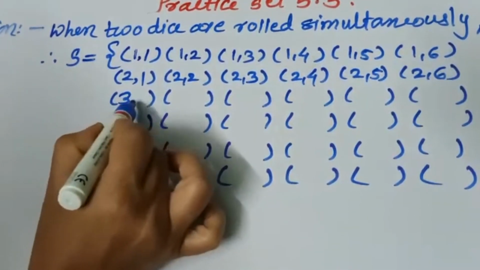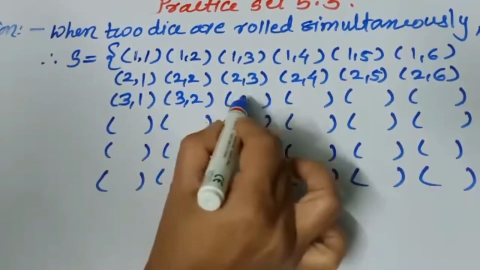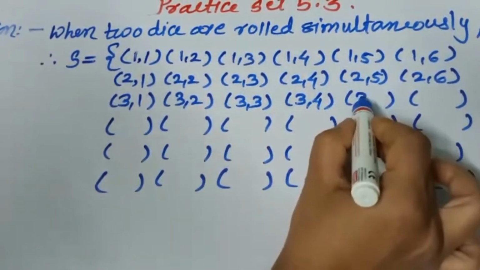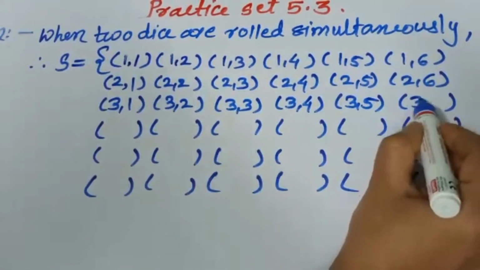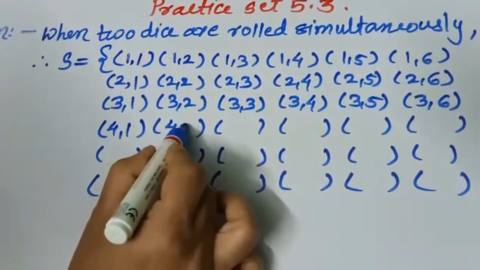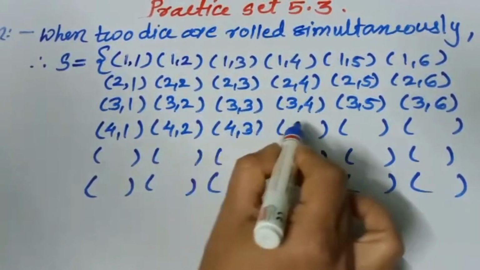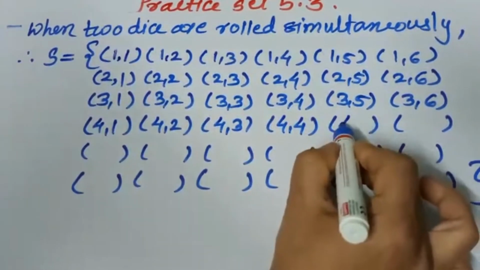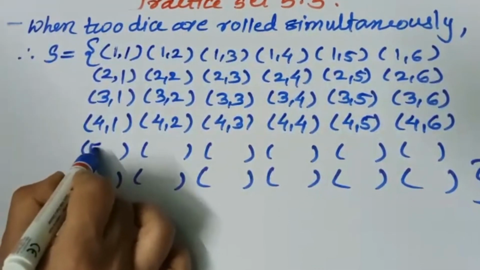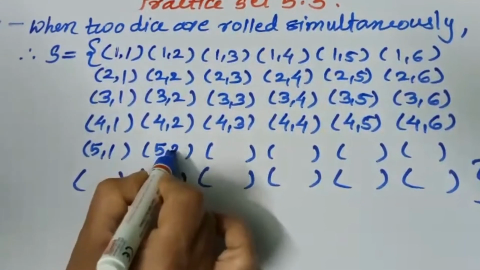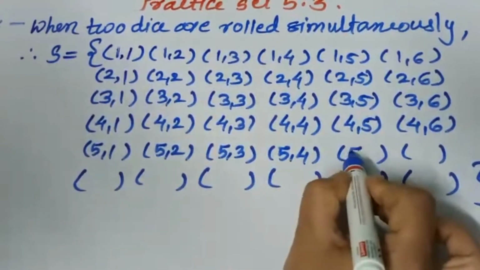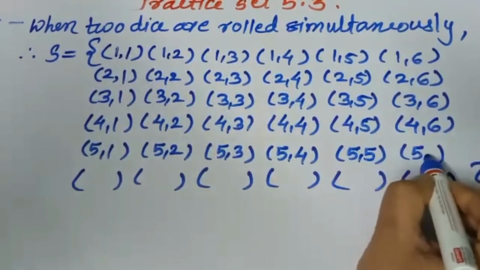Now 3 we are taking. So 3 1, 3 2, 3 3, 3 4, 3 5 and 3 6. Now 4 1, 4 2, 4 3, 4 4, 4 5 and 4 6. Next is 5 1, 5 2, 5 3, 5 4, 5 5 and 5 6.